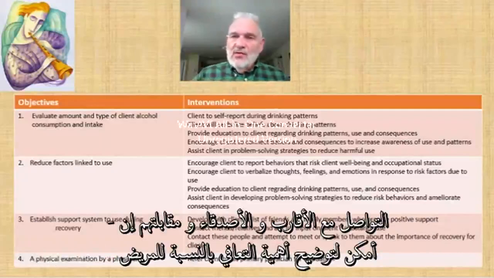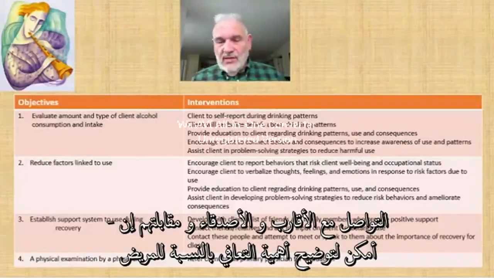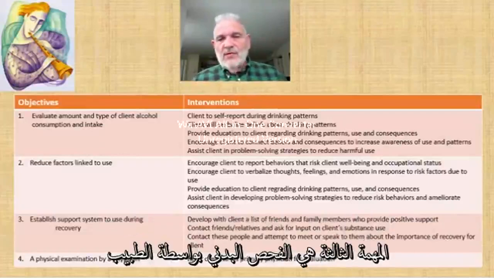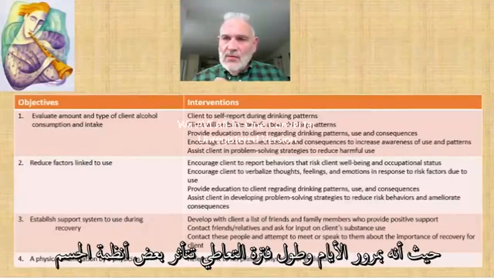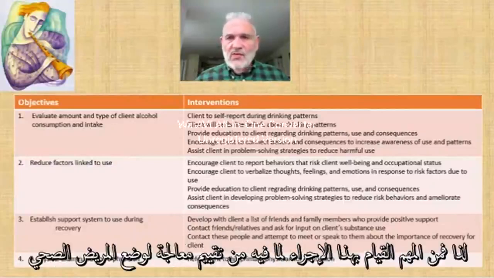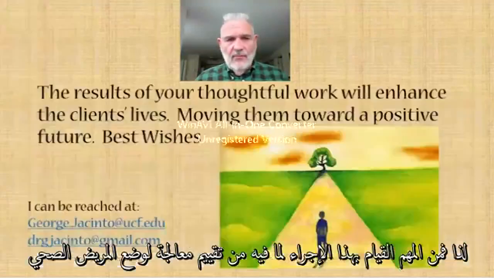So the client, yourself, and friends could be interacting with each other there based on the client's permission. And then a physical exam by a physician. Again, refer the client to a physician for an evaluation. That's a very critical element of working with the client, because over time a long history of alcohol use can affect a number of body systems, and so it's important to assess where the client is health-wise as well.